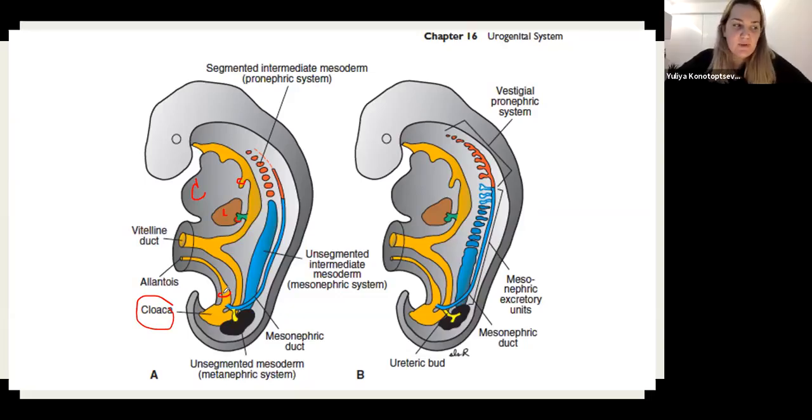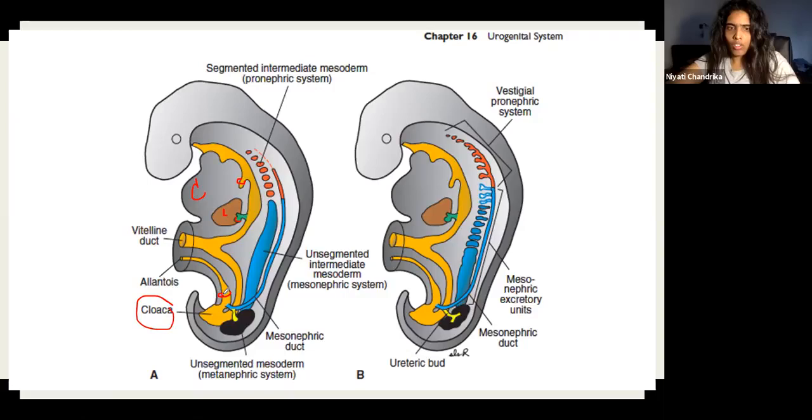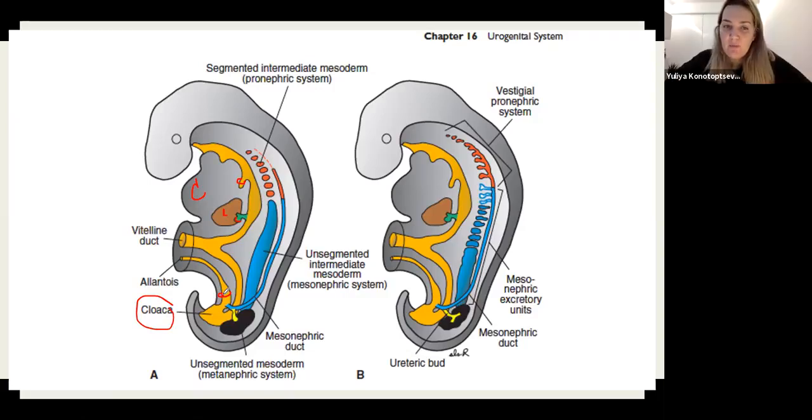Okay, so this is the primitive urogenital sinus, this part right here. What will urogenital sinus become? It's going to be the bladder. Urogenital sinus will become the bladder.